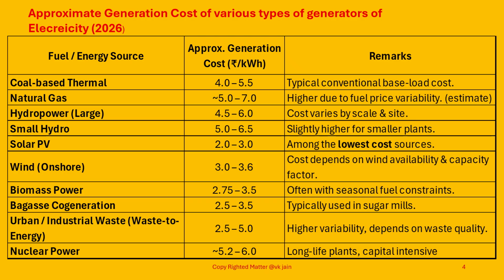This is a new source type for the last 10 years, and they are yielding very low generation cost, which is 2 to 3 rupees per kilowatt per unit. Then wind, onshore and offshore, there are two types. The wind onshore is costing 3 to 3.6. The cost depends on wind availability and capacity factor.